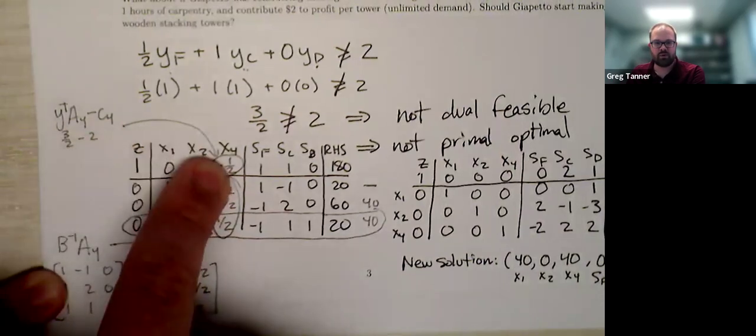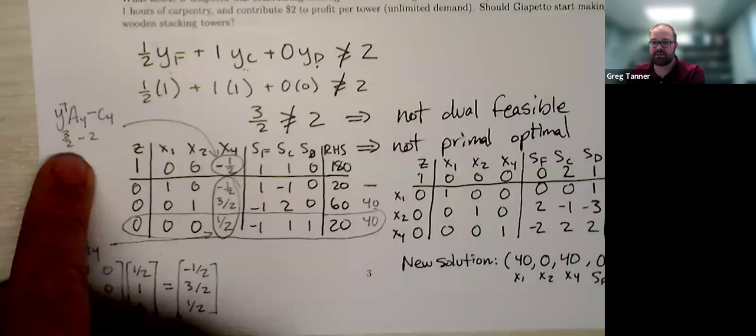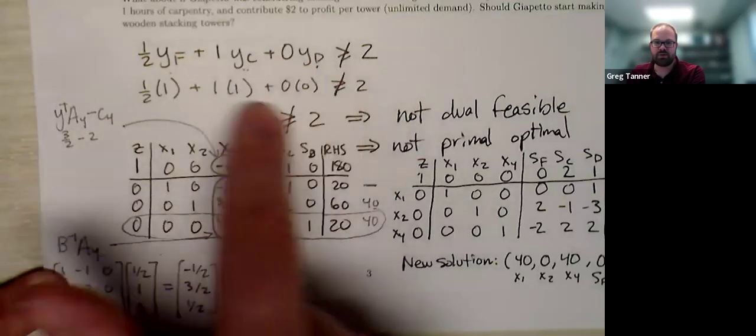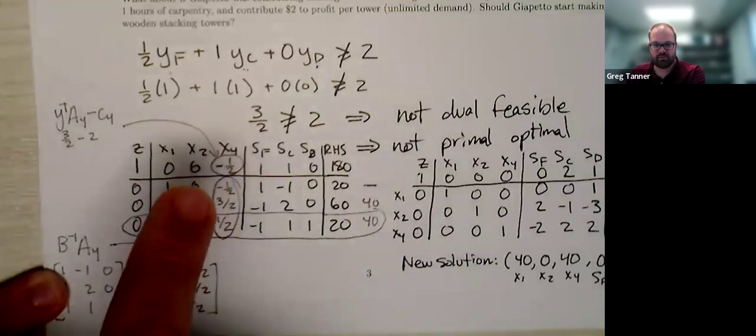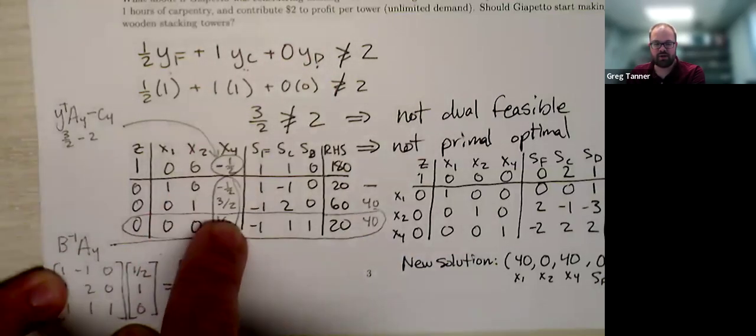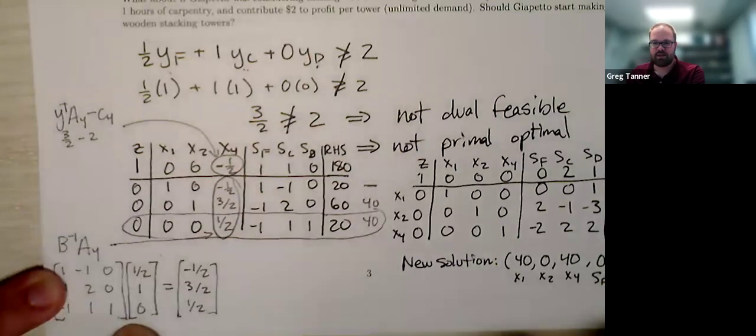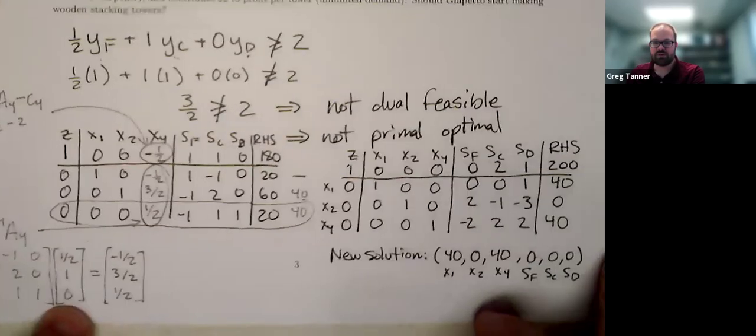And that will give you your new value here. For a maximization problem, it should end up being negative if this dual constraint is violated. And so that's going to be a variable that you can pivot on and bring into your basis. And that'll give you a new solution.